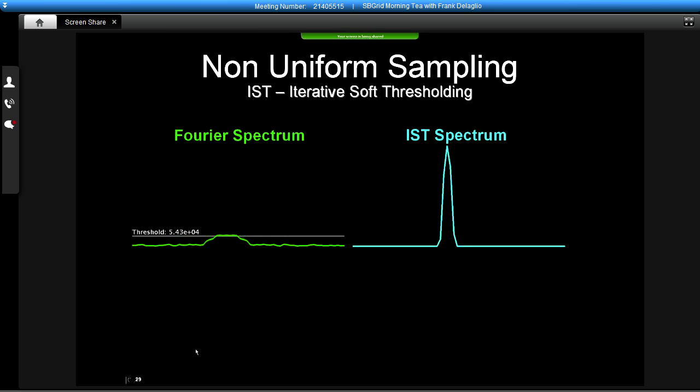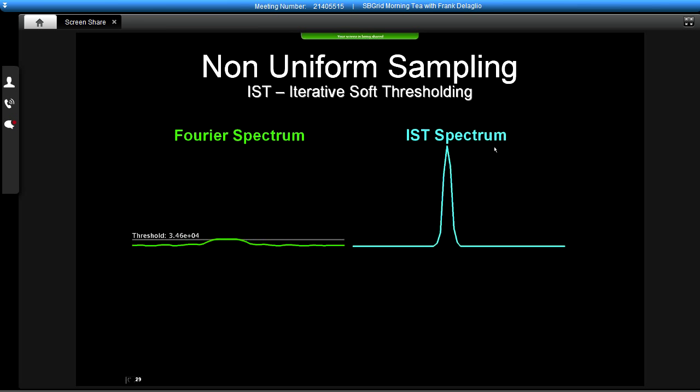Everything that we start with makes its way into the corresponding IST reconstructed spectrum. So we minimize the possibility of losing even the smallest peaks, because at the end, whatever residual is here is added back into the IST spectrum.